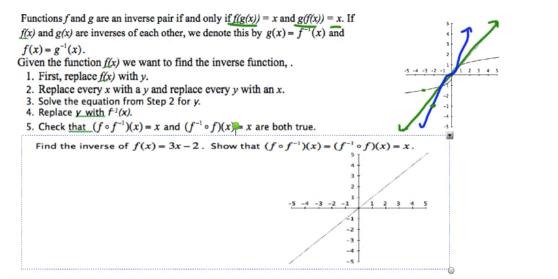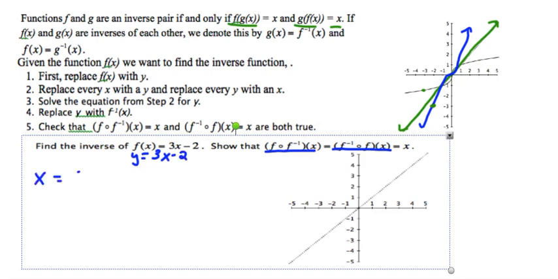Alright, so what we're going to do is find the inverse. Just to review, make sure it's an inverse by showing it graphically and also showing that f of its inverse of x is equal to x, and the other way around. Make sure both of those are equal to x. So first, let's find the inverse. What I always do is use y and x. I use y is equal to 3x minus 2 to find the inverse. And I'm going to switch the variables.